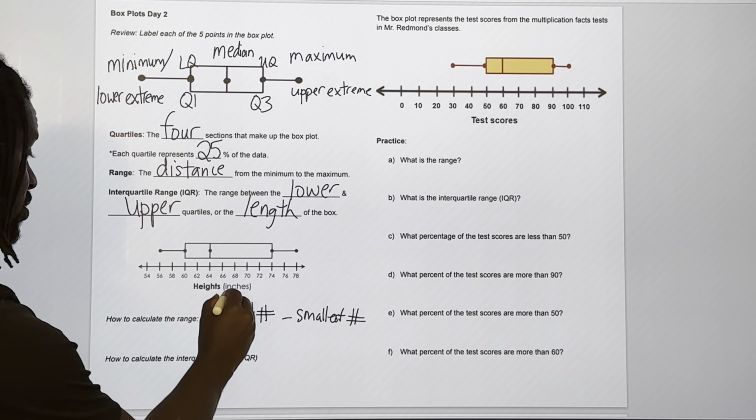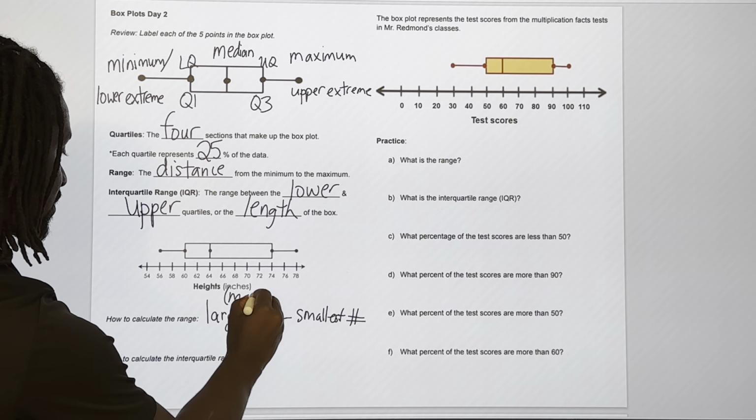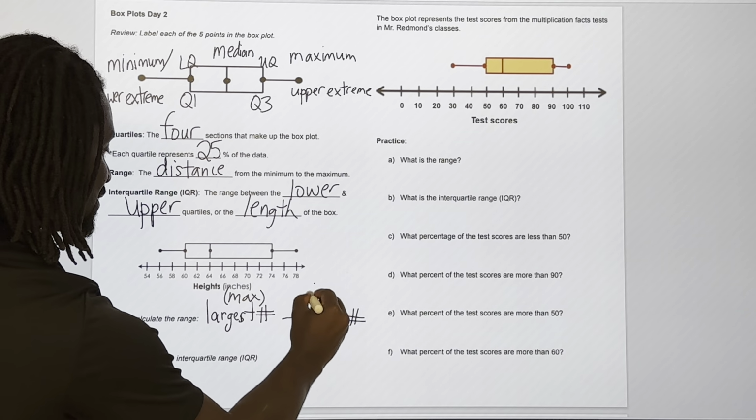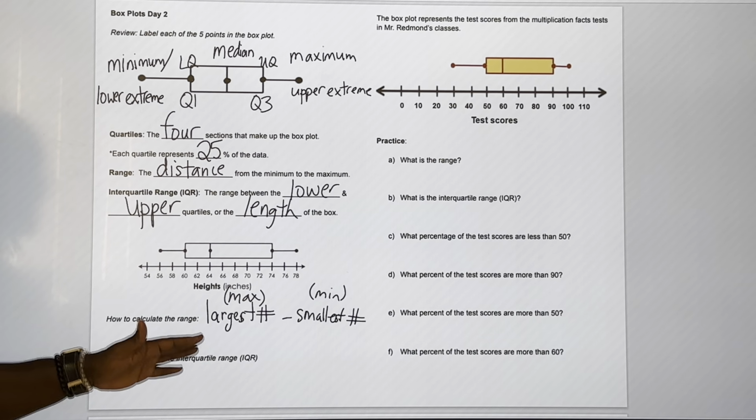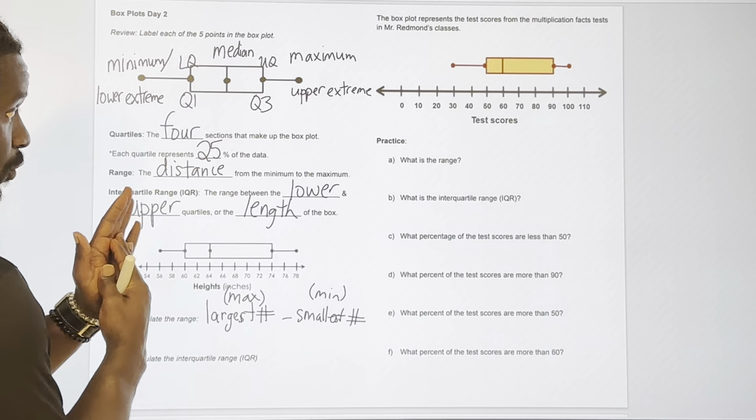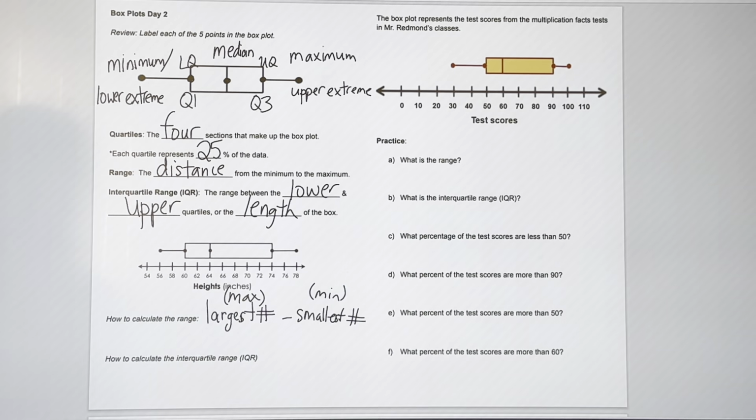Or in other words, I am taking the max and subtracting the min. When I do that, that is going to give me the range, or how far, or the distance.